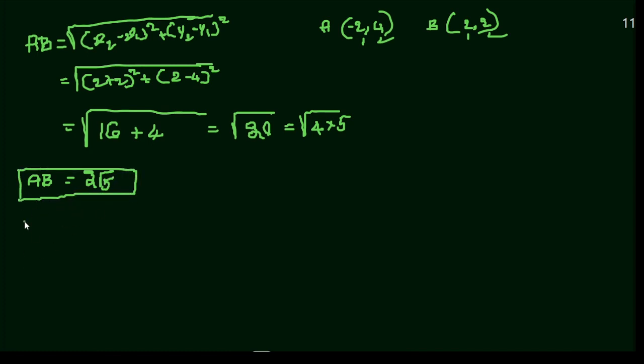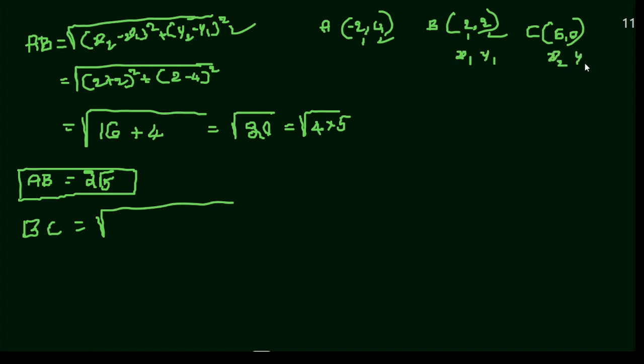Okay, now it's time to find BC. We know B and C, this point is 6, 0. Now just substitute these values in this formula. For BC, this is x1, y1 and C is x2, y2, right?